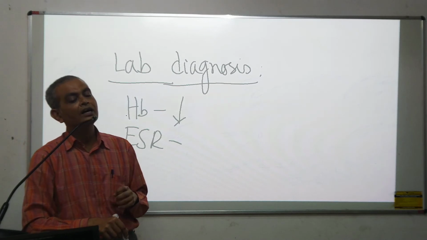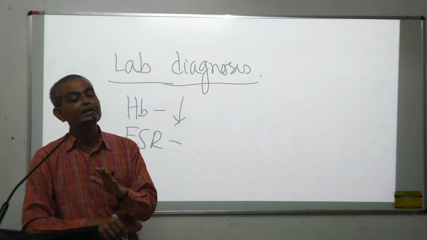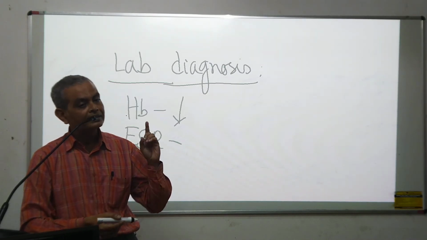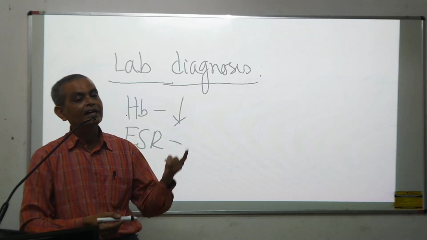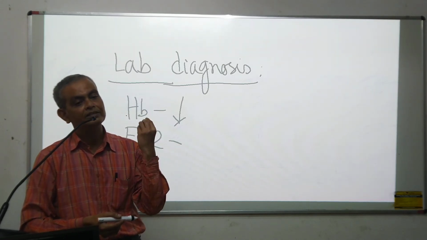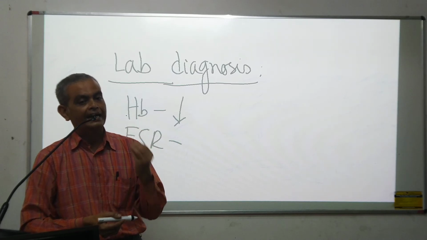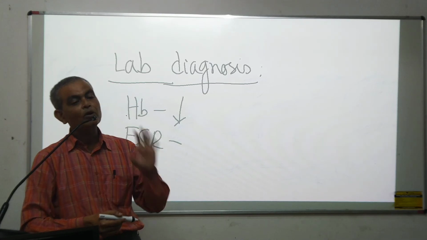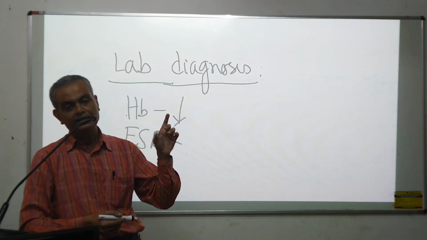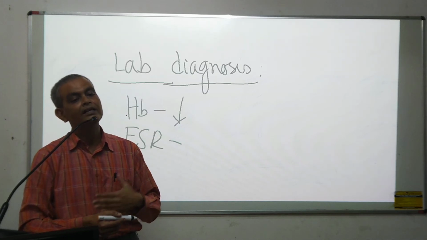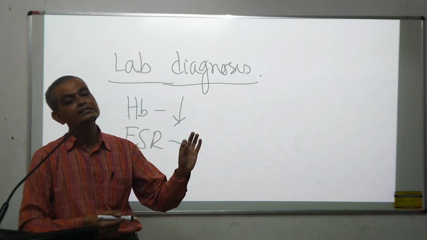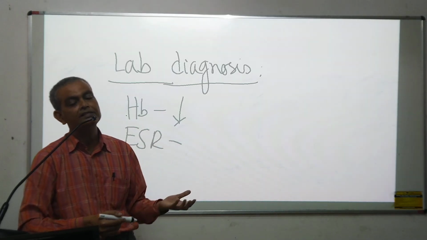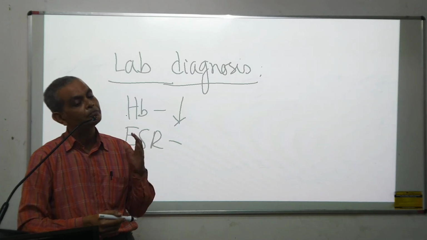Now another biochemical investigations. Already I have told you that there will be unconjugated hyperbilirubinemia, and whenever there is cell destruction, one enzyme is always high in biochemistry, that is LDH or lactate dehydrogenase. That is present in almost all the cells. Any body cell destroyed, there will be increase in the LDH. Had it been cardiac cell, liver cell, or RBC, in all these cases the LDH level will be high. So biochemical investigations: increase in the LDH, increase in the unconjugated portion of the bilirubin.